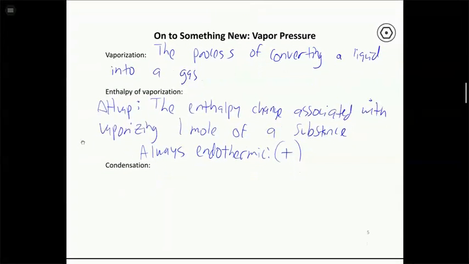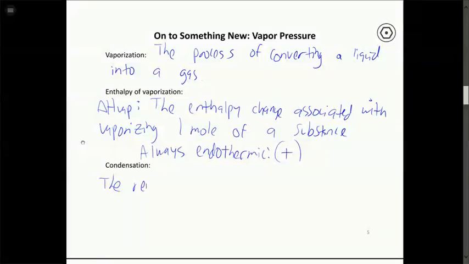The reverse of vaporization is called condensation. So that's when we take the gas and revert it back to the liquid phase.